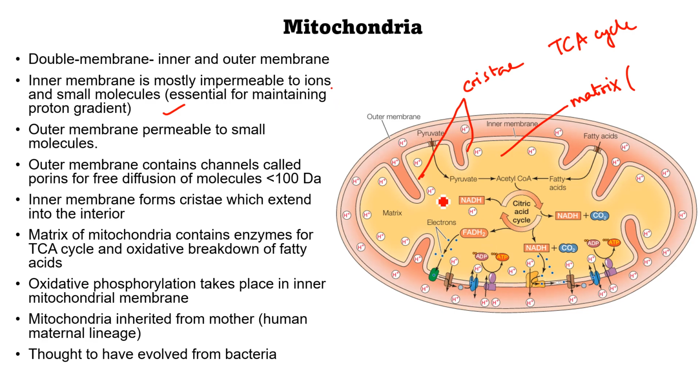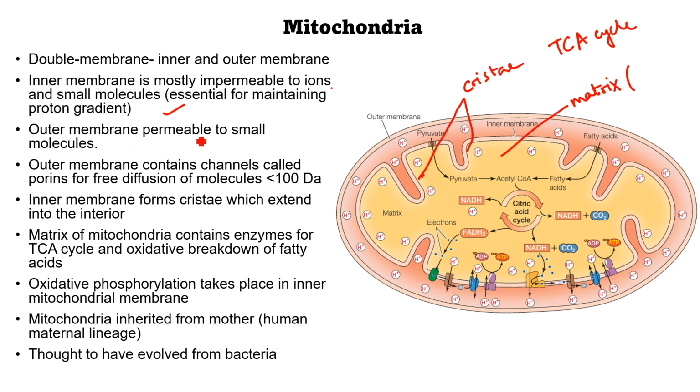That is why it is impermeable to ions and small molecules. Just now, we will learn about the electron transport chain in the upcoming slides, so then you will understand this point in more detail.